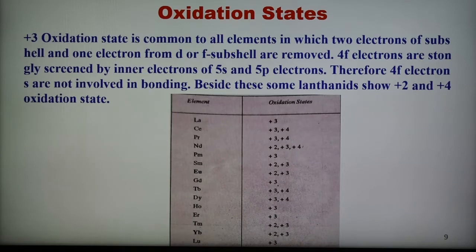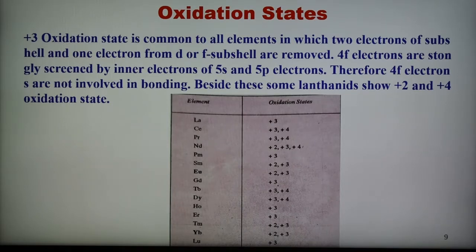In case of lanthanides, they show a constant oxidation state of +3 in most of their compounds, and oxidation states +2 and +4 are exhibited by some members of this series. It is observed that all the lanthanides commonly show +3, as we have seen. Lanthanum, gadolinium, lutetium show only +3 oxidation state.